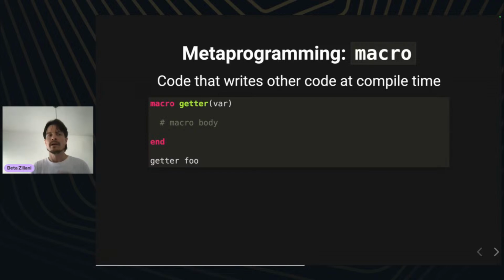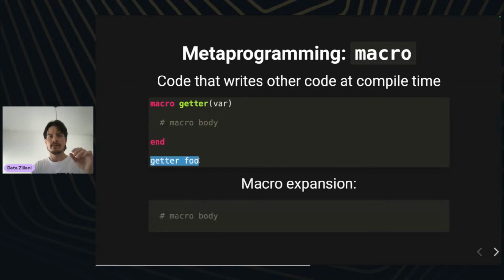So when we said macro getter, what we are saying is, whenever we call getter, just paste whatever is in the body. So when Crystal sees this, it generates the following code. In this case, not very fun, I mean, it's just a comment, but if we flesh it in, that will be the code that it will generate.